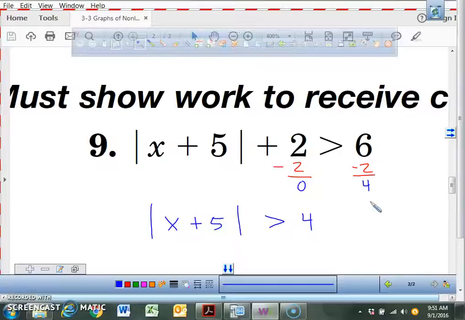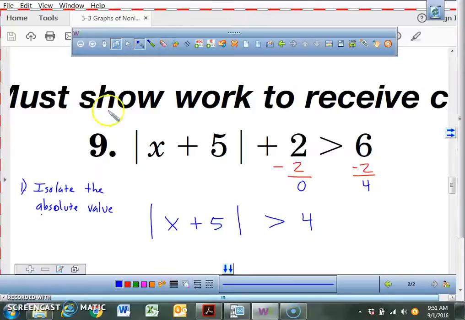Because the 2 is on the outside of the absolute value, and the first thing that you have to do is isolate the absolute value expression. So right over here, I'm going to write the most important step before you start doing anything: isolate the absolute value expression.